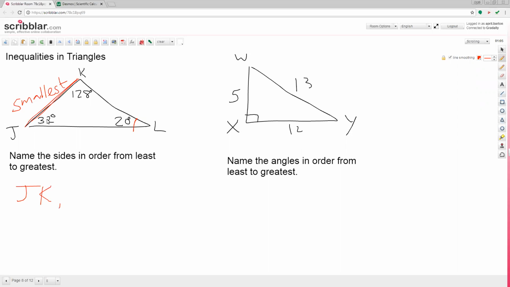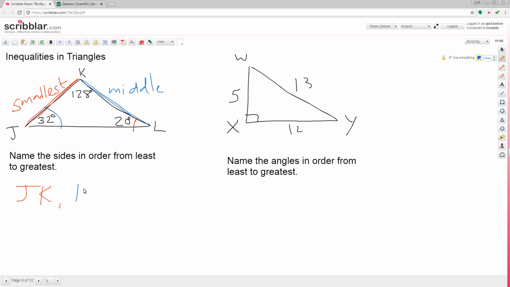Then the middle angle is 32. We have biggest is 128, smallest is 20. So the middle is 32 degrees. And it corresponds to the middle side. The side across from it is the middle length. We don't need to know the actual length.